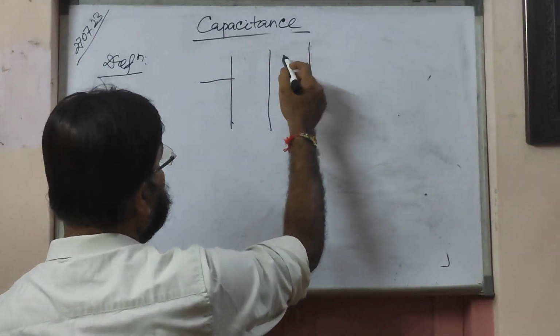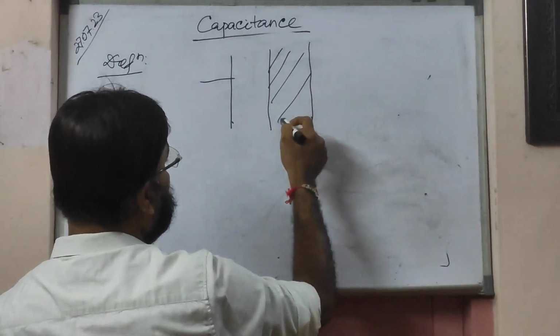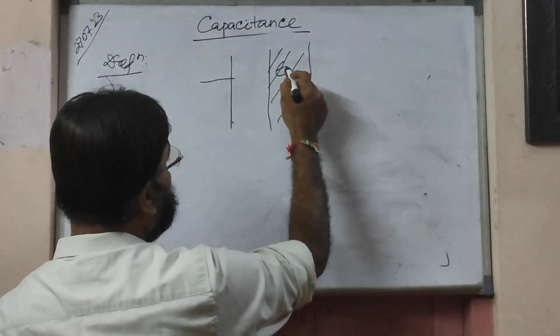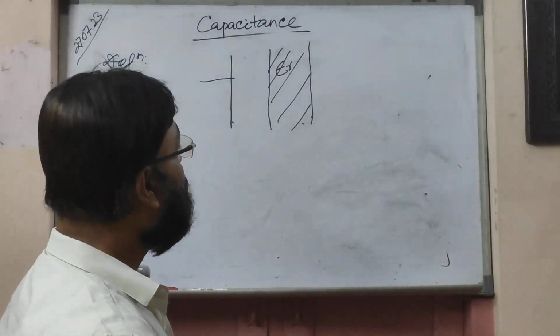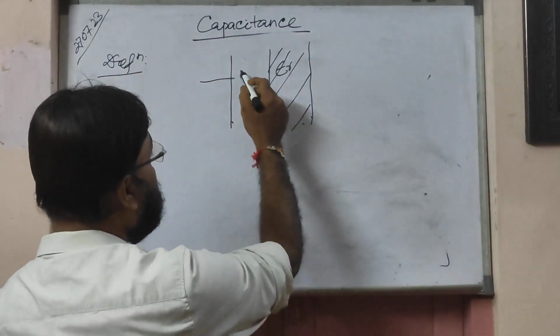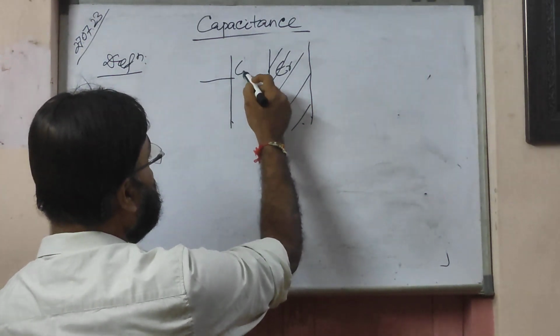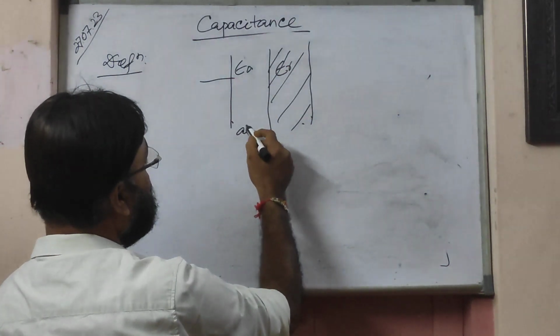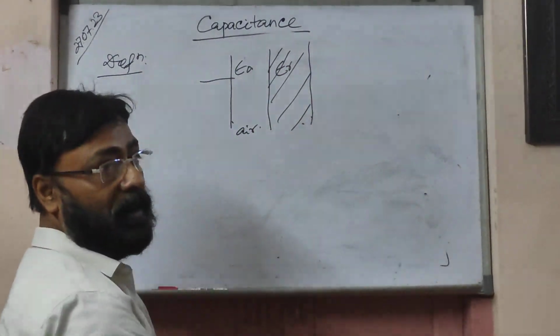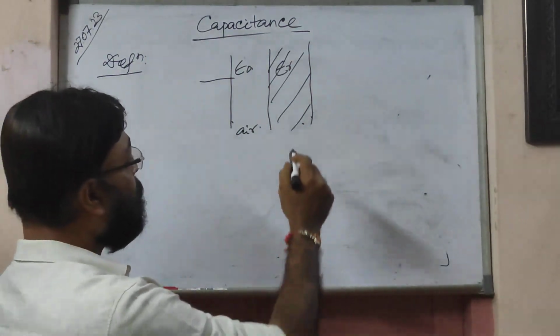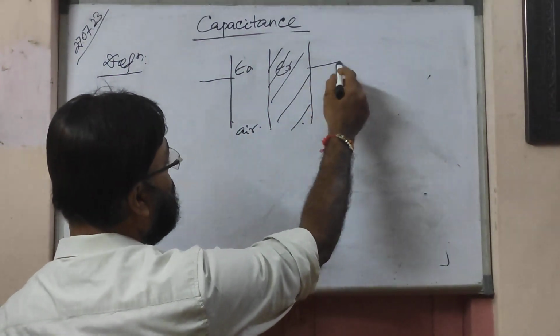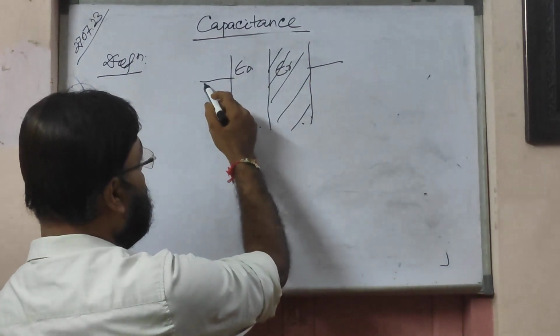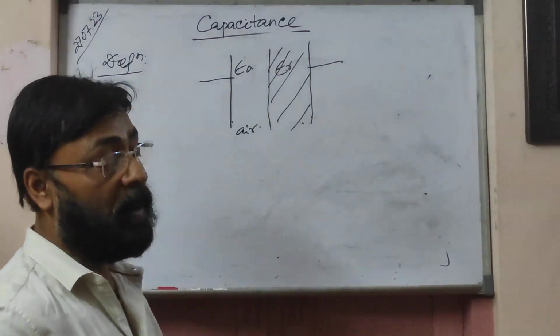Suppose this one is air and this one is filled with some epsilon r. In the case of air, epsilon r is equal to 1. So this one is air and this one is another insulating dielectric medium having permittivity epsilon r. So what will happen to the resultant capacitance?